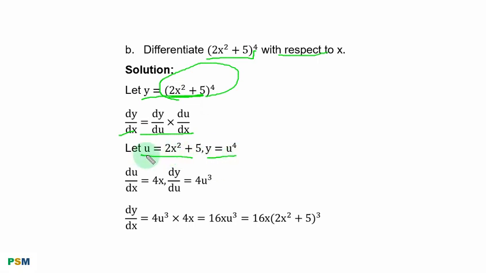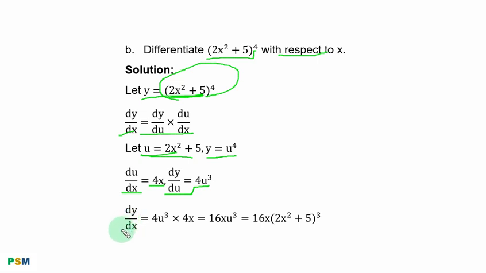You differentiate this using the power rule to get du/ds, that is 4s. You differentiate this using the same power rule to get dy/du. You have 4u cube.